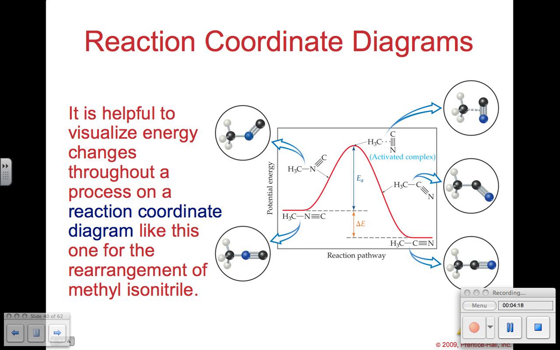Thinking of a reaction and its coordinate diagram, you've got this molecule of H3CNC, with a triple bond. On the bottom of this graph is the reactant side, where you're starting.